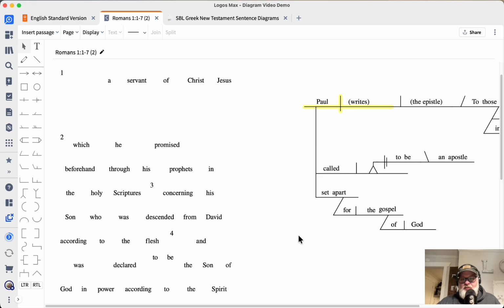So he's set apart for the gospel, and whose gospel is it? It's God's gospel. Now what I want to do is deal with this phrase right here, a servant of Christ Jesus. And this is an appositive phrase because it's not actually renaming Paul. It's just clarifying more about Paul and telling us more about who Paul is.